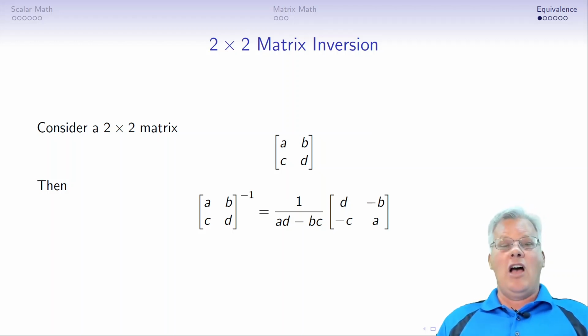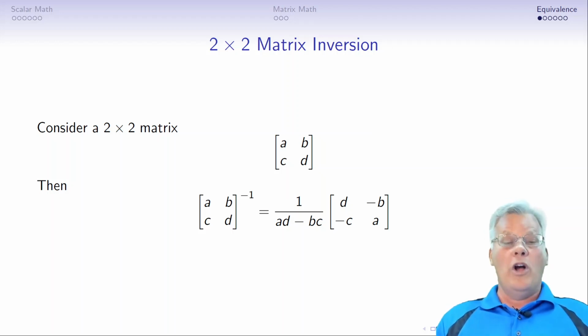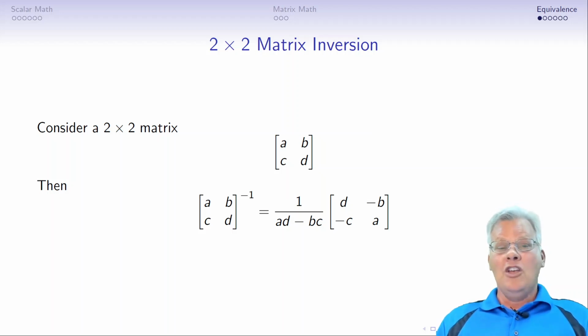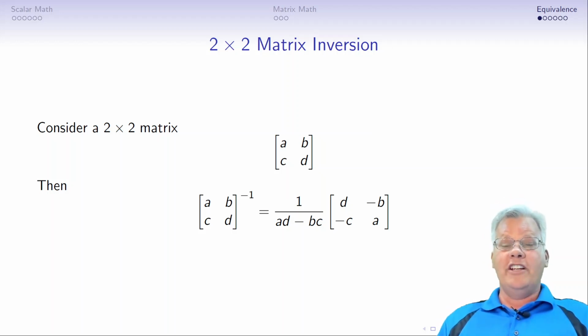And it turns out that a 2 by 2 matrix has a very well-known closed form inverse that you remember from linear algebra. If I have this 2 by 2 matrix with elements A, B, C, and D, then the inverse is equal to 1 over AD minus BC, which in matrix algebra is called the determinant of the matrix, so 1 over the determinant times the matrix D, minus B, minus C, A.